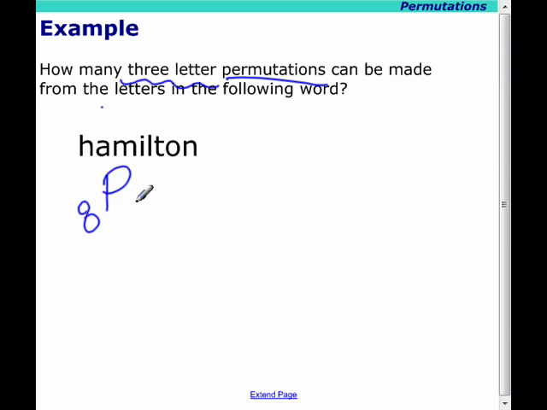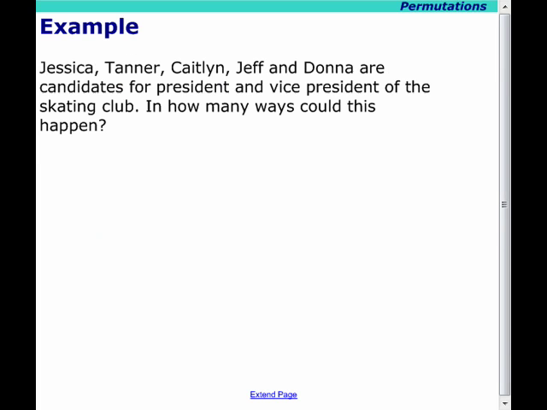So I need to go 8, pick 3. So 8 times 7 is 56, times 6 is 336, I think. I'll write it in there, but I'm not sure what it multiplies out to. But it's 8, pick 3.